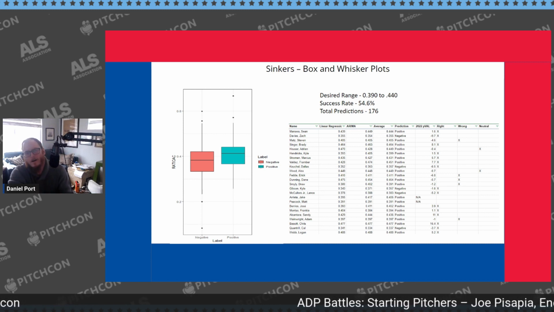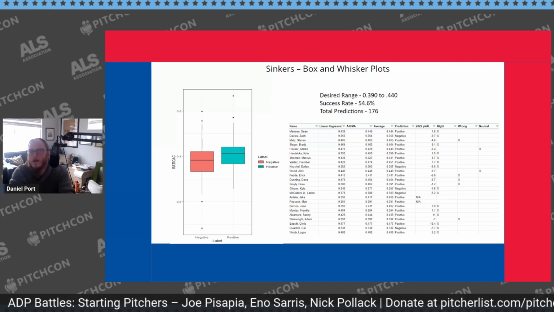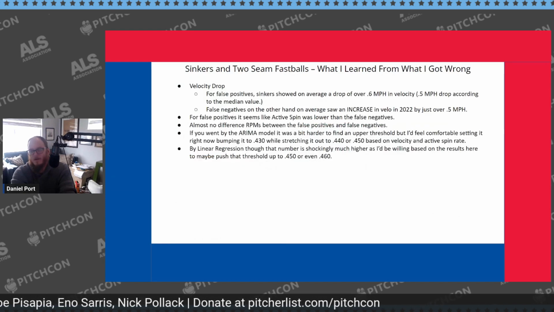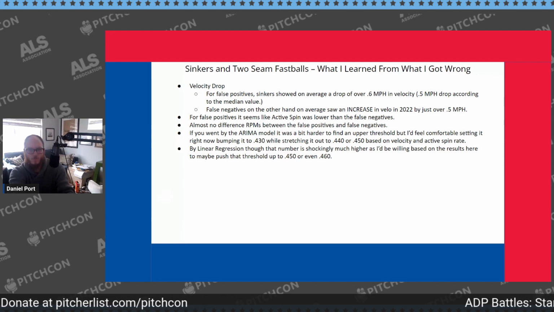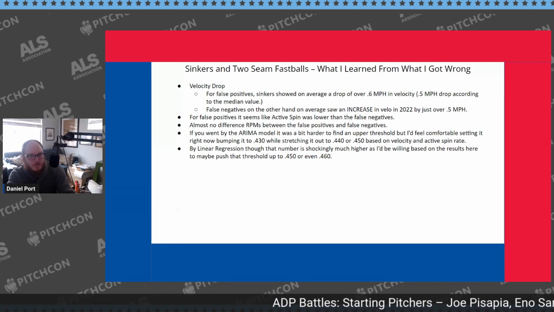But when you look at what we learned from what I got wrong, so again, I got probably 46%, 45% or so wrong. What did I learn from looking at those? Looking at sinkers, the biggest effect I saw was velocity.